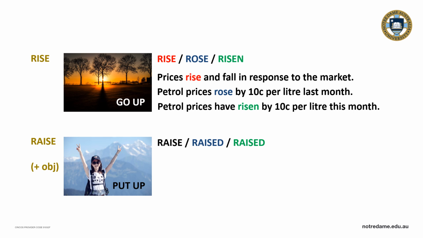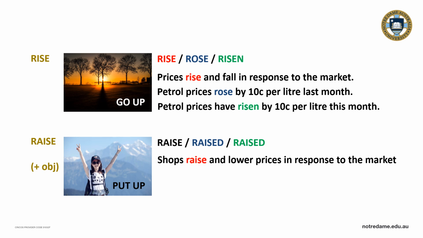Let's look at the other verb, raise. That's just a regular verb, raise, raised. So, shops raise and lower prices in response to the market. So you see the difference. Shops put up prices.